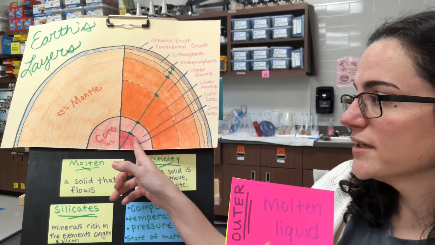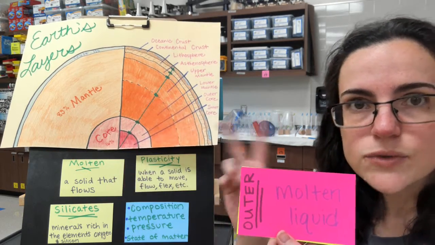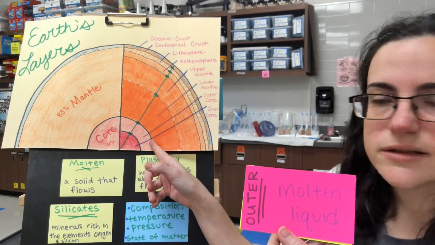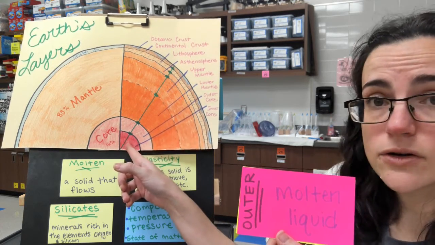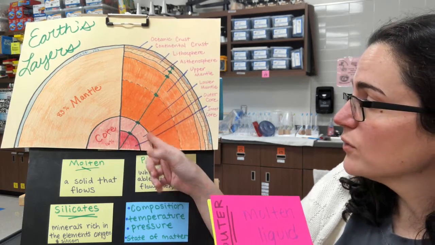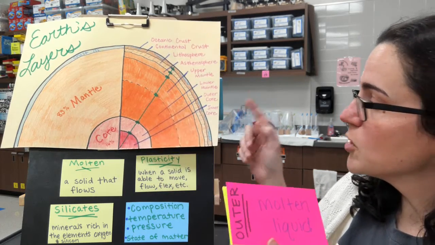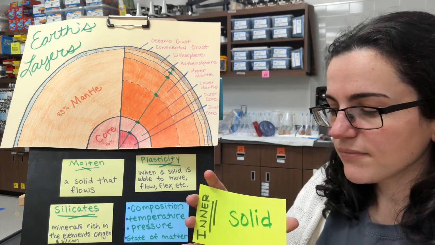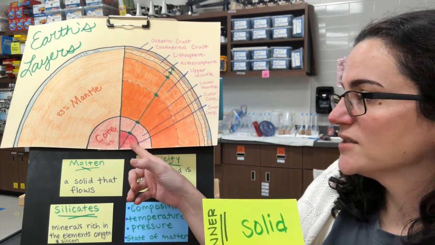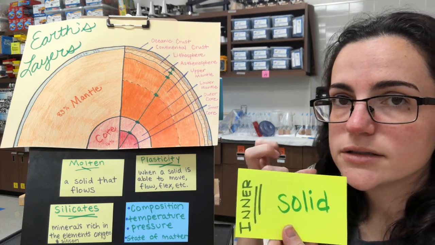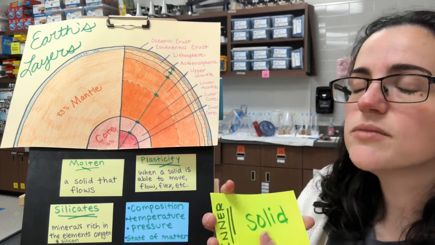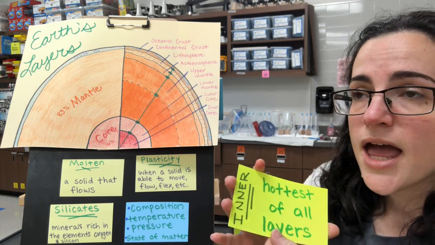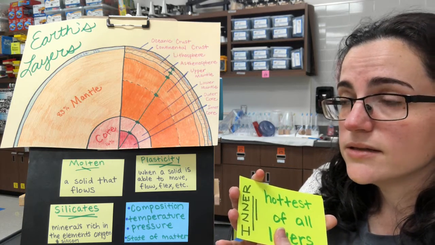And our core can kind of be divided into like two sections as well. We have the outer core, which is this kind of like this light red, and the inner core. So the outer core, that's mostly molten liquid, and the inner core, that's a hard, solid. And the reason, because it's a hard, solid, has to do with its density.